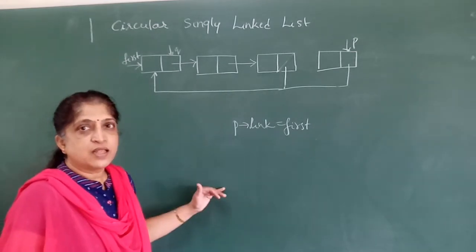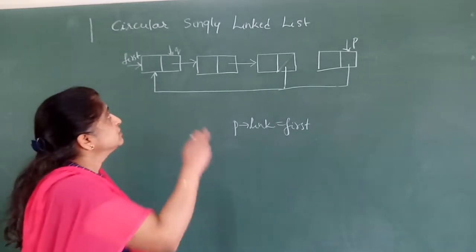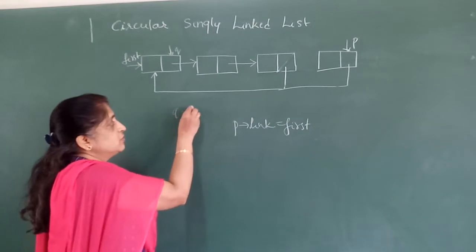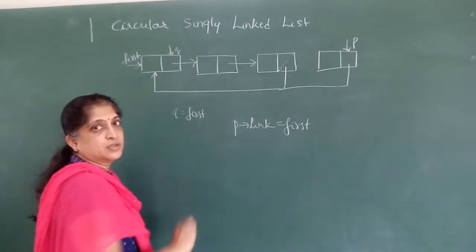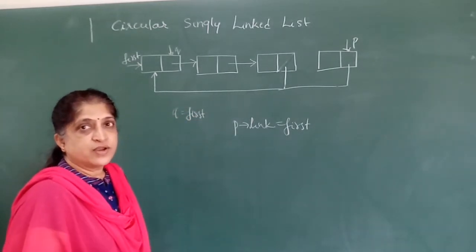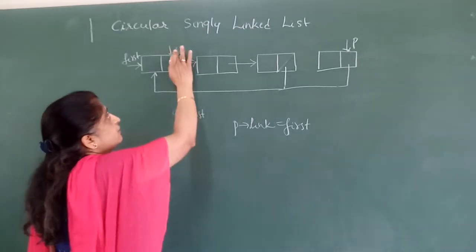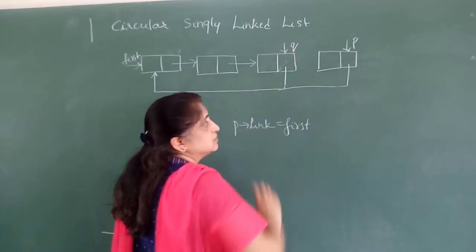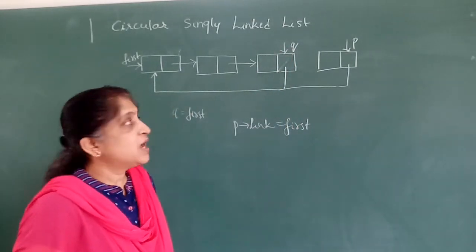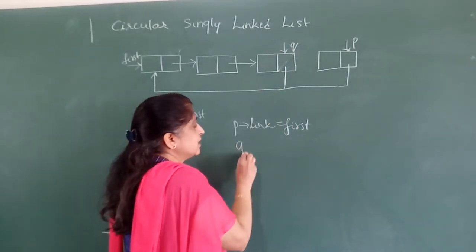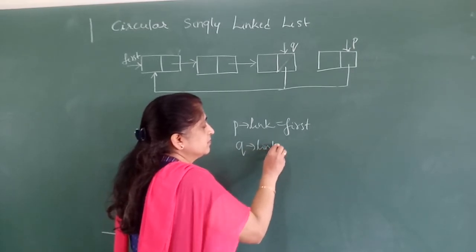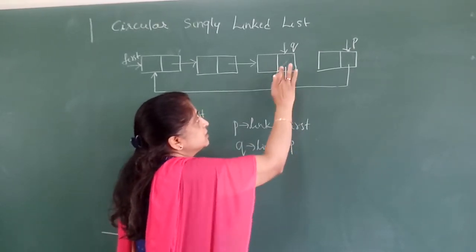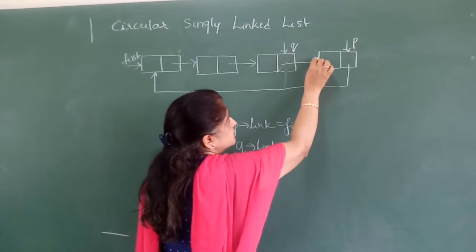Of course, I will be writing the algorithm. I have to make Q equal to first. Then I should go on advancing till I find the last node. Then when the last node is pointed to by Q, I can write Q link is equal to P.